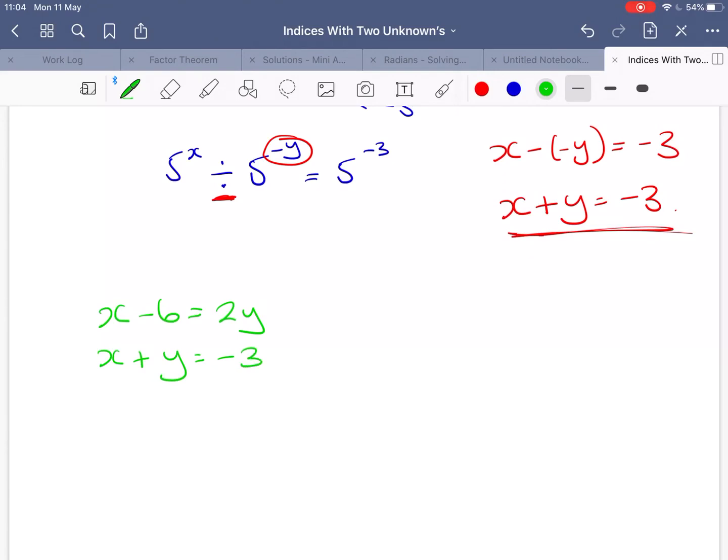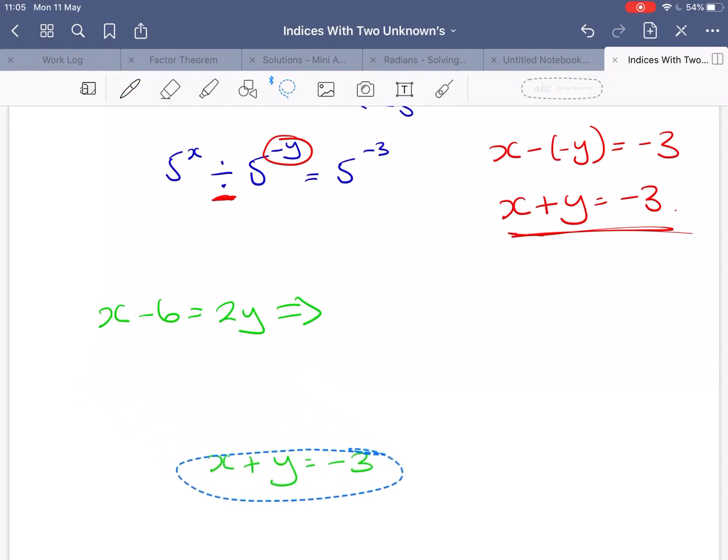Now these aren't in the traditional form of how we would solve simultaneous equations, because we have so many x's and so many y's equals a number. But that means I just have to change that one. So I'm just going to move this so it's out of the way a little bit down here. How would I do that? Well, what would I do? I would add 6.